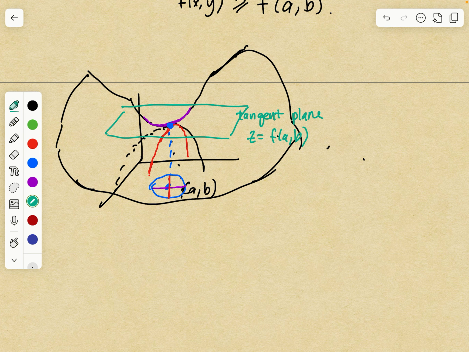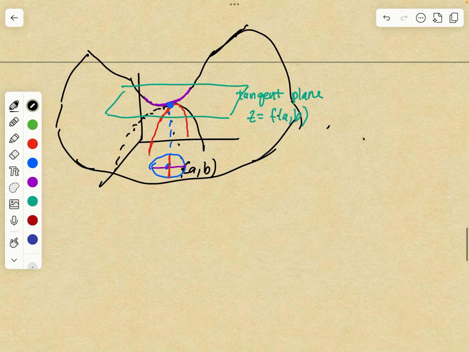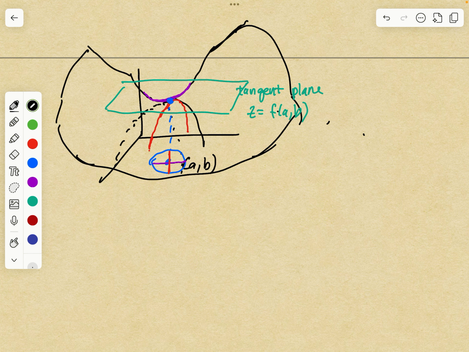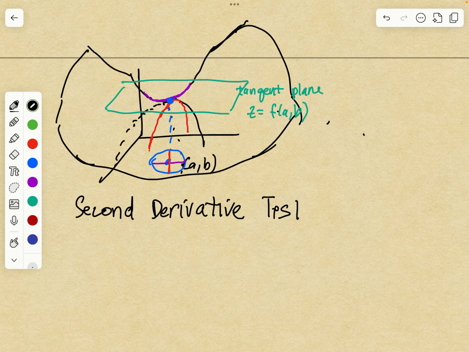So now the question is, how do you classify the critical points? And the analog of the second derivative test in single variable calculus is called the second derivative test. So this is the multivariable calculus version.